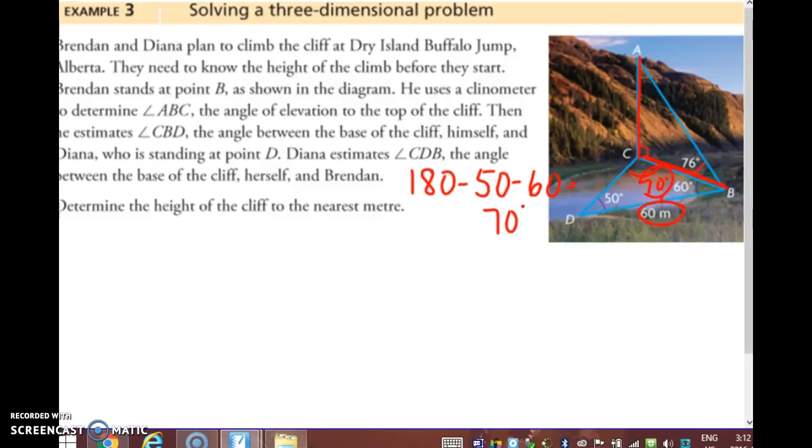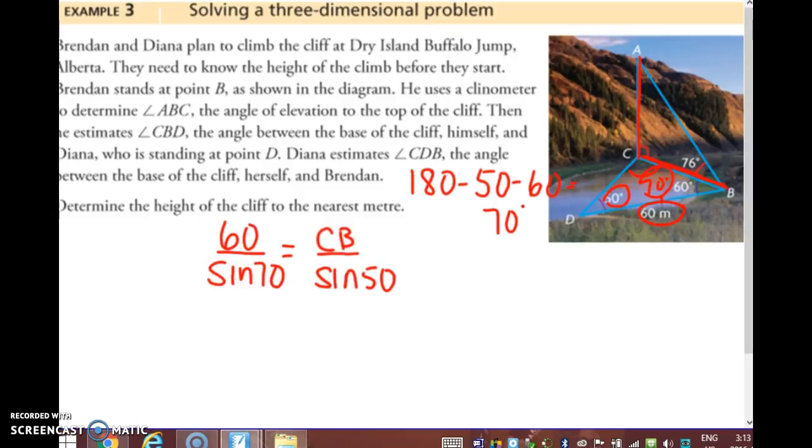The 60 matches with this angle, and the 70 matches with the information we want, which is side CB. So if we set this up in sine law, 60 over sine 70 is equal to, we'll call it CB, because we don't know the length, over sine 50.